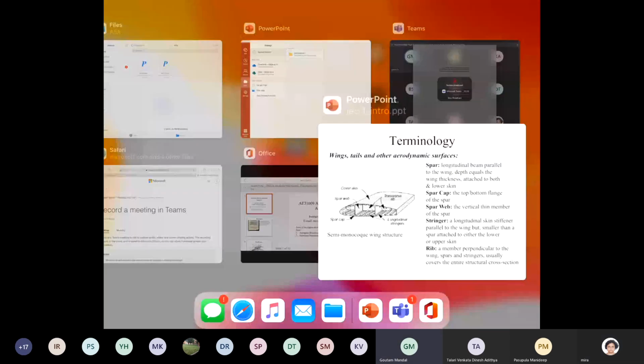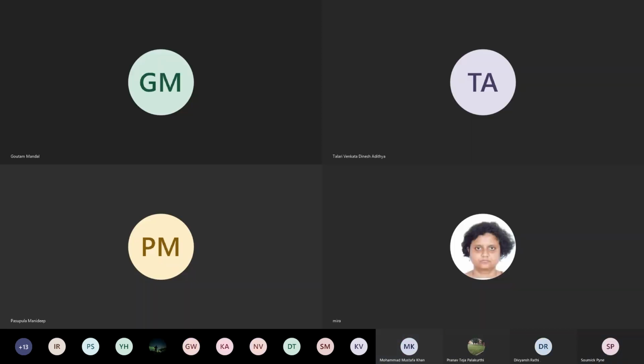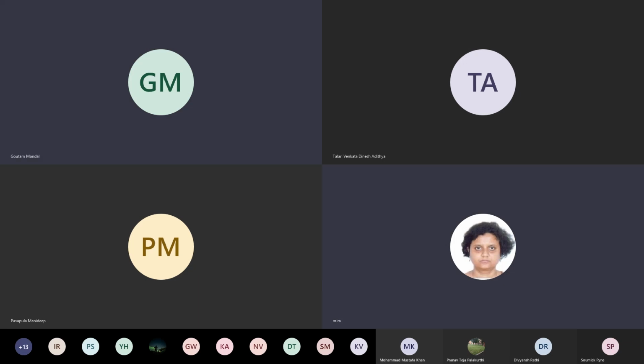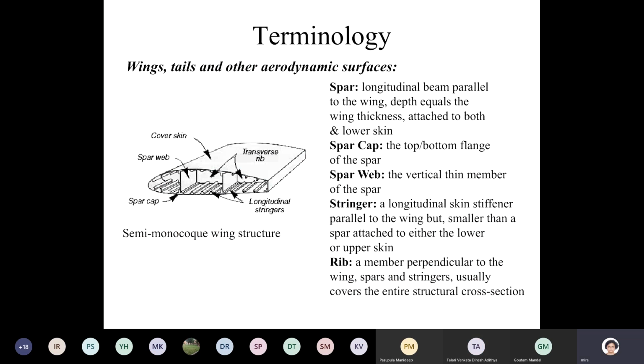Ma'am, I think you will have to select the app. Can you see it? Yes, ma'am. Okay, fine.